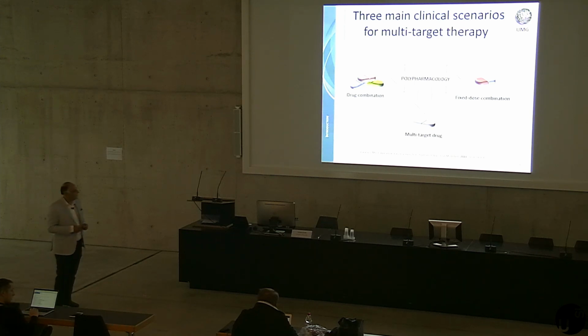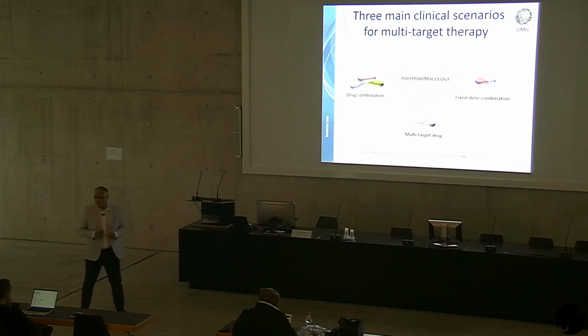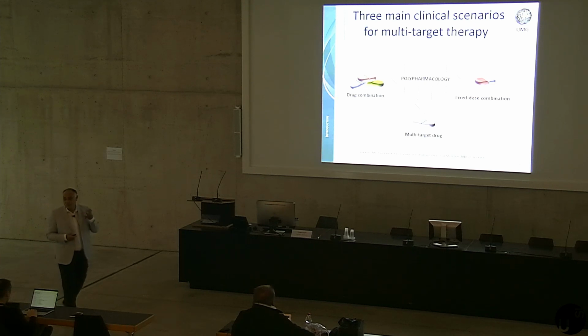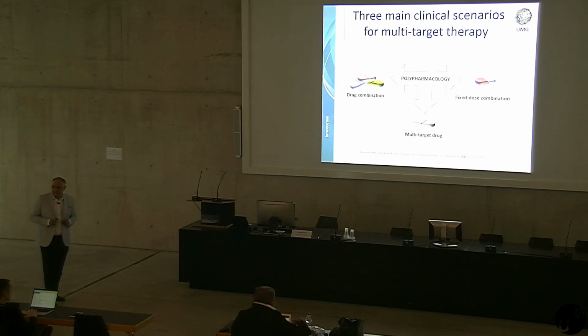This is something that is, in practice, very popular, and in some cases the only way to fight against this disease. In some cases, we have also the opportunity to combine in one pill two or more drugs. And this is the so-called fixed dose combination that has some advantages, even if it is not the best solution.